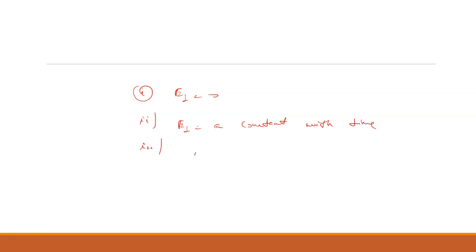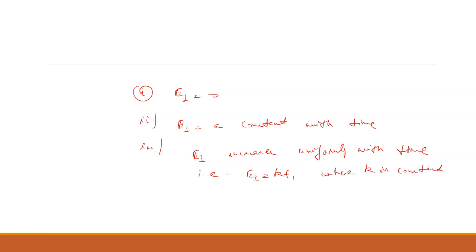Number 3: Ez increases uniformly with time, that is Ez equals Kt, where K is a constant.